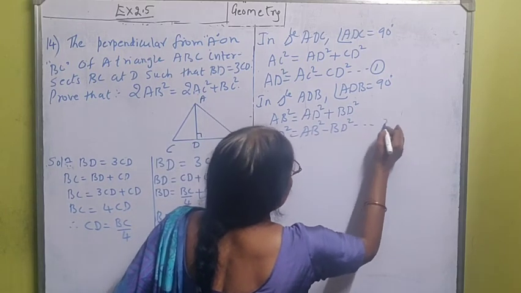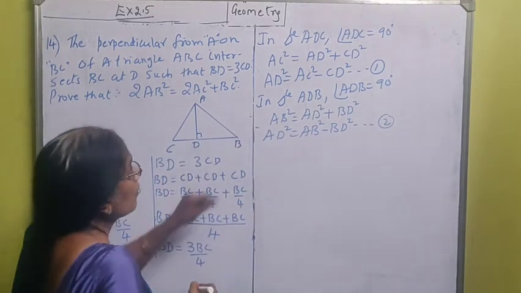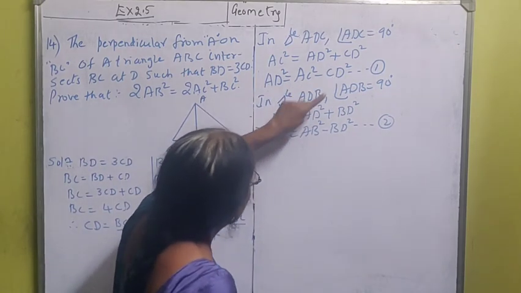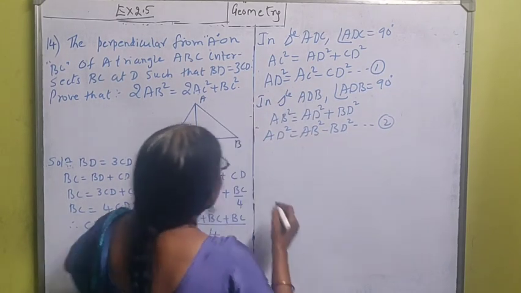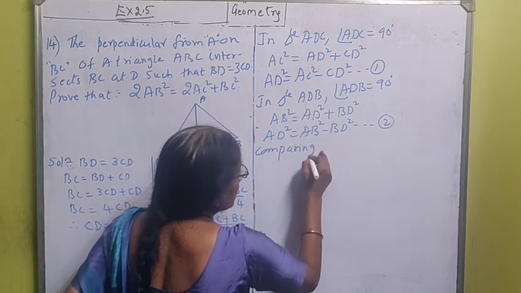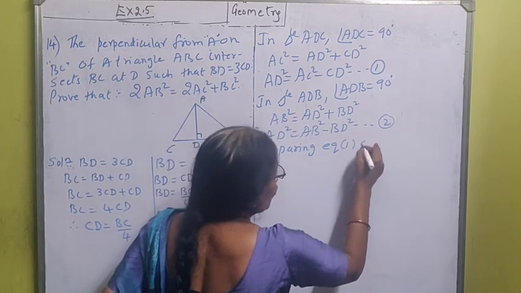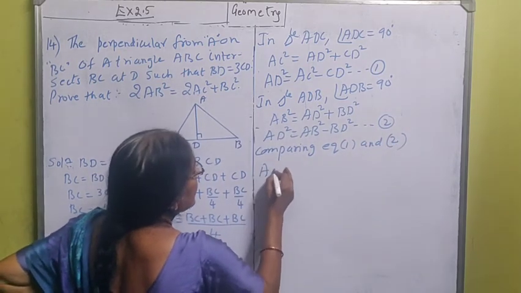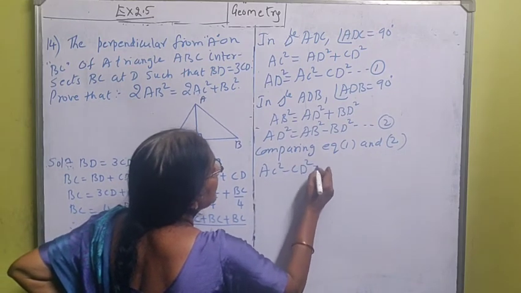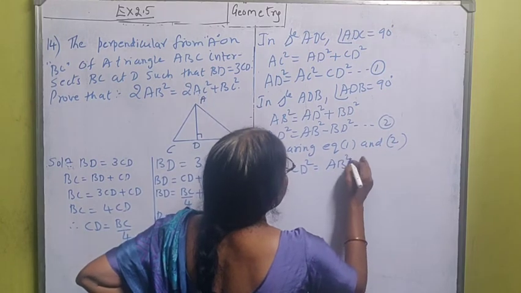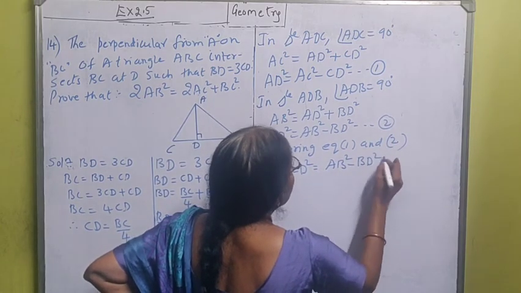This is your equation number 2. Now, comparing equation 1 and 2, we get AC square minus CD square is equal to AB square minus BD square.